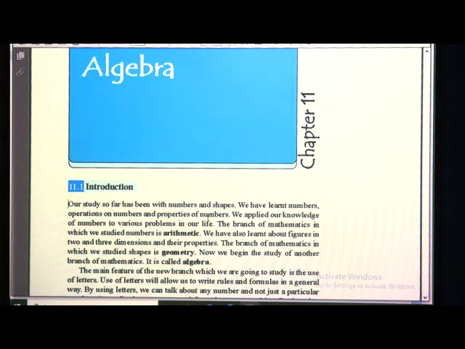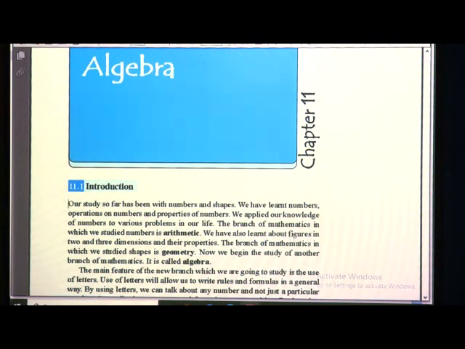We applied our knowledge to various problems in our life. It means wherever necessary we have used numbers and solved various problems in our life. The branch of mathematics in which we studied numbers is called arithmetic.